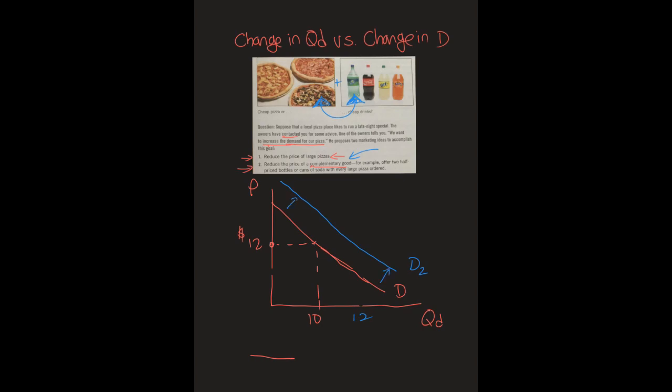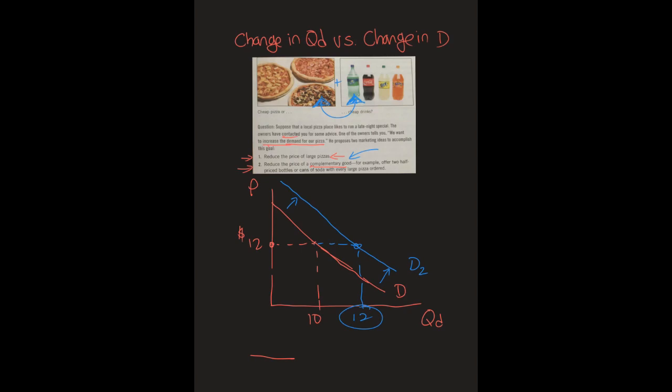We'll call it D2. And now, even at that $12 price, we now have more quantity demanded at the price. So we didn't even have to change the price of the pizza. All we did was reduce the cost of the drinks, and that helped increase the demand for pizza.